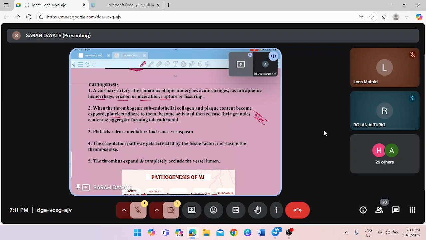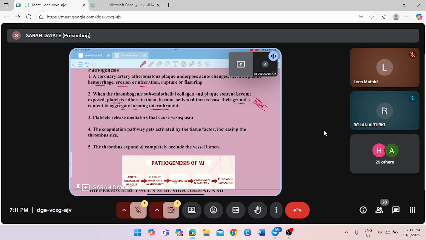So it will send platelets, which release their granule contents and aggregate, forming microthrombi. Like any normal wound in the body, the body will bring platelets, neutrophils, and macrophages, and try to heal and close this injury. Now, the platelets release mediators that cause vasospasm, more vasoconstriction, to close this injury.